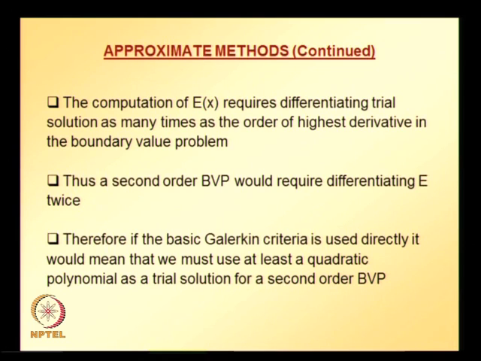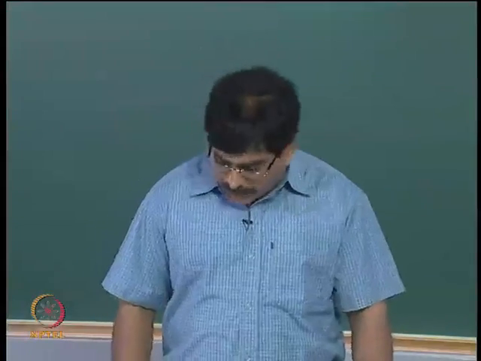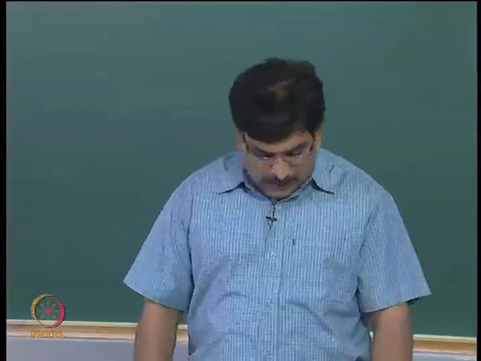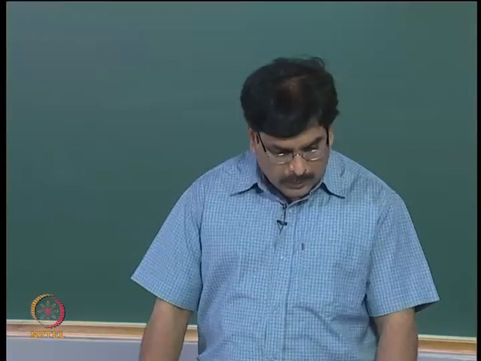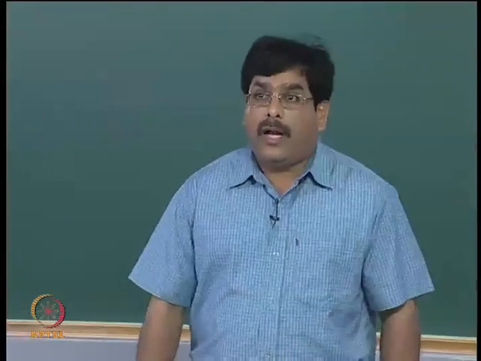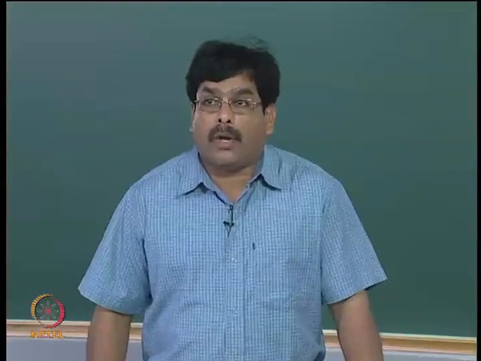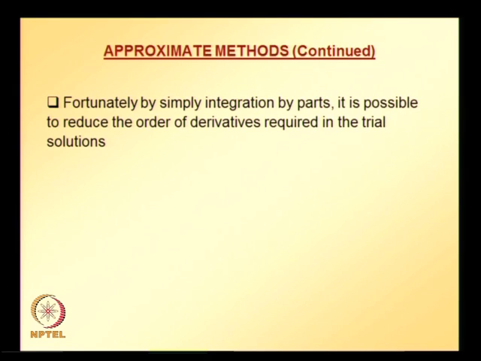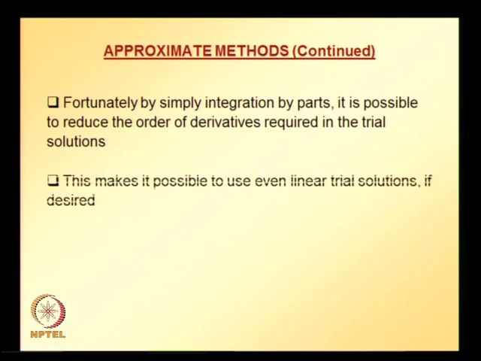So is there a way that we can reduce this demand on the starting trial solution? That is the question, and there is an answer to that also. Fortunately, by simple integration by parts it is possible to reduce the order of derivatives required in the trial solution, and this makes it possible to even use a linear trial solution if desired.